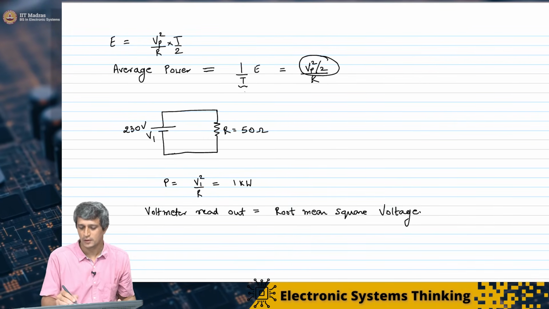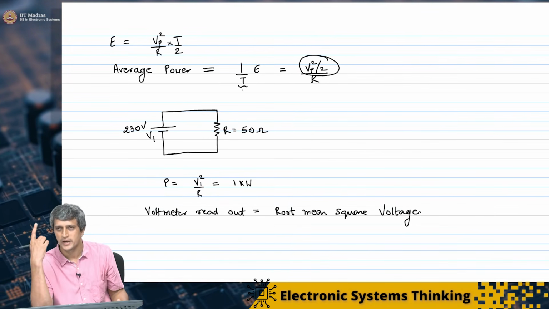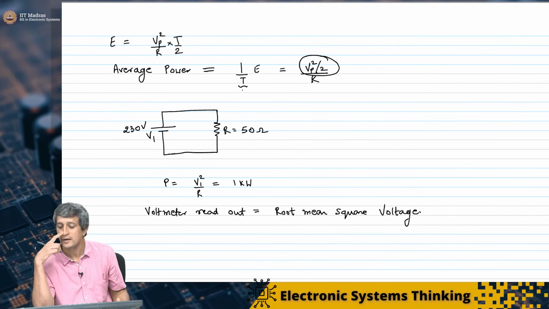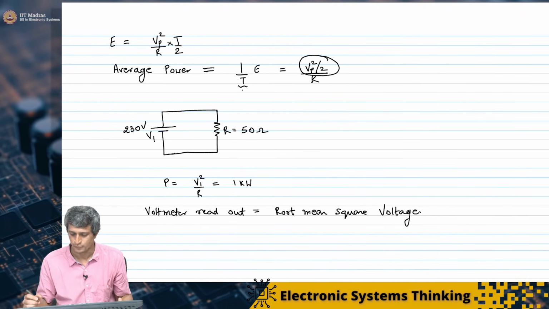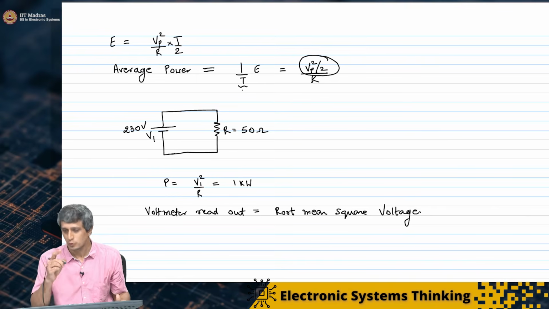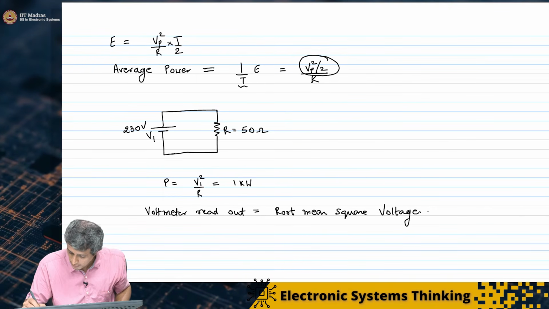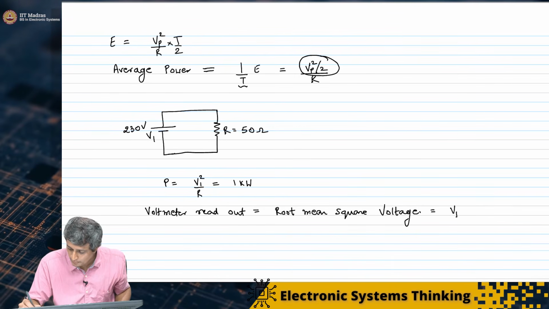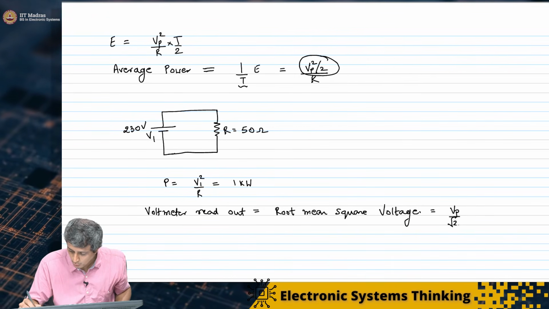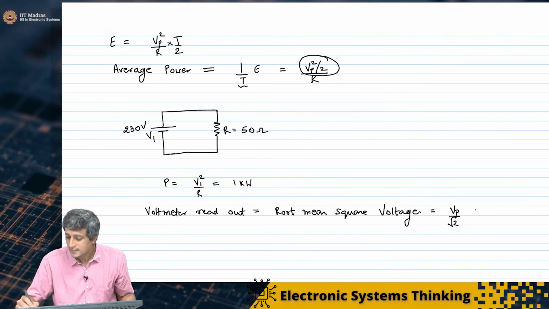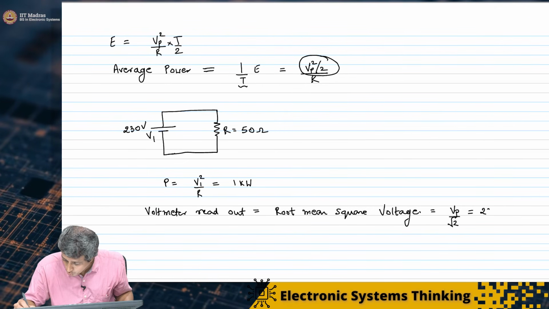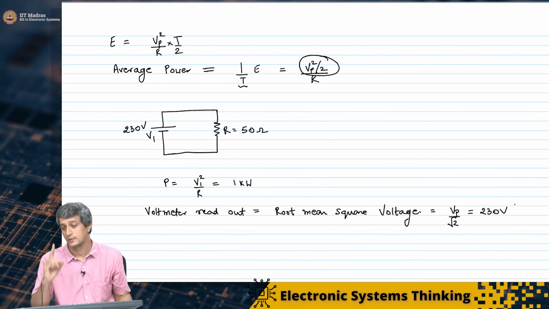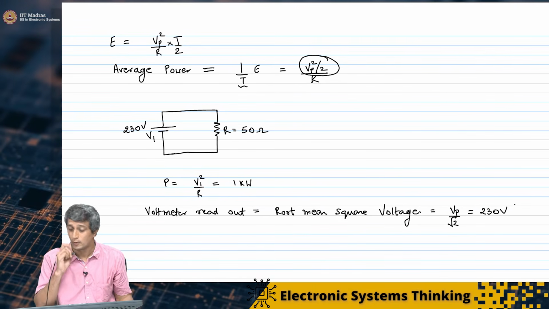So this was the mean. We did a square, we got a mean, and then we take a square root to get that 230 volts. So what the root mean square actually reads is Vp by root 2, and this was 230 volts that was read out by the voltmeter.